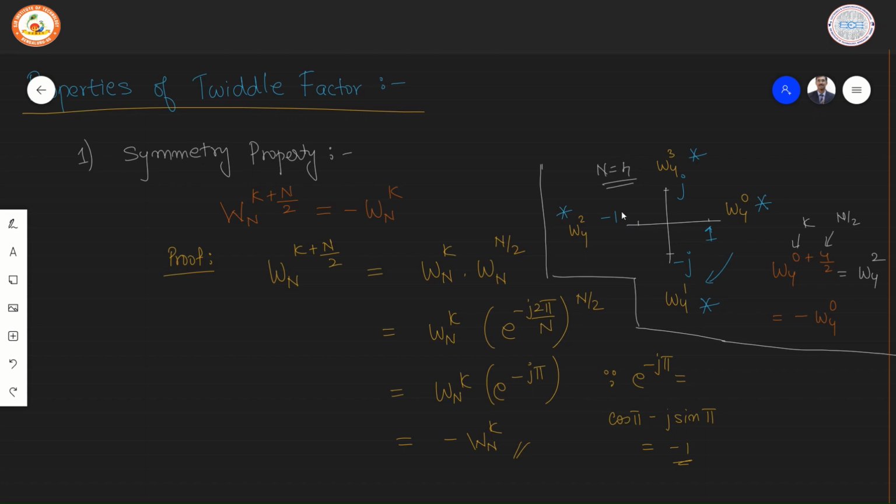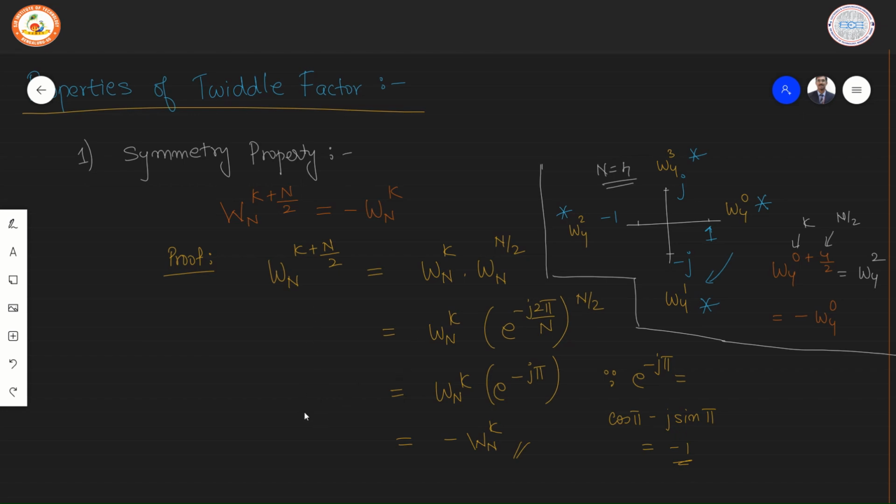So we observe the values 1 and minus 1. Similarly, at W4 to the power of 1, we have minus j. To that power, if I add N by 2, I get W4 to the power of 3, and we get the same value j, but the sign is minus. So minus and minus makes it plus. So this is a verification of the property.